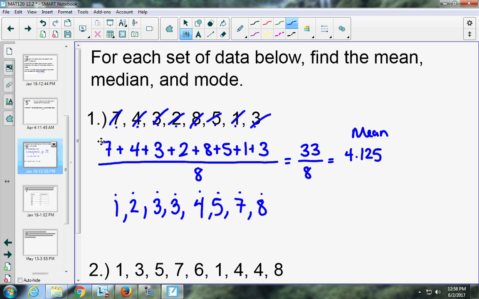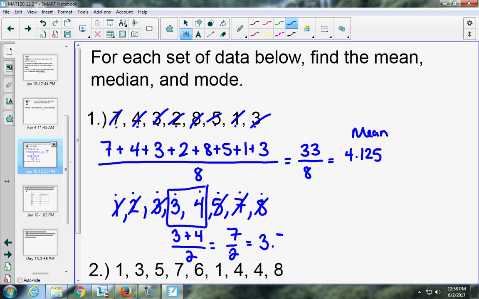To find the median, I cross them out in pairs. So I cross out the smallest and biggest, smallest and biggest, smallest and biggest. Now I have two numbers in the middle here, 3 and 4. So when that happens, I find the mean of those numbers. I do 3 plus 4 divided by 2, which gives me 7 halves, or 3.5.